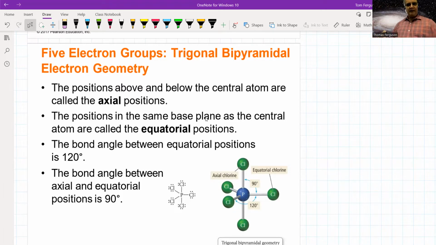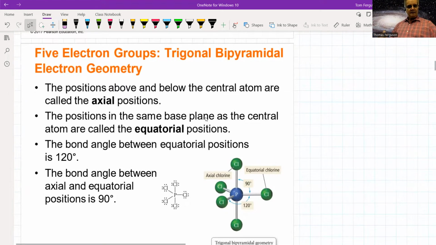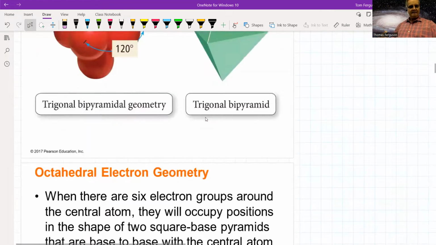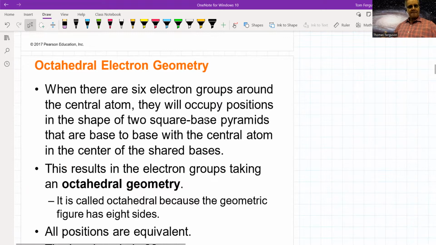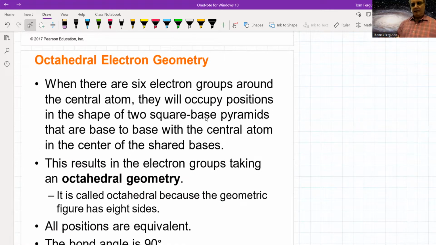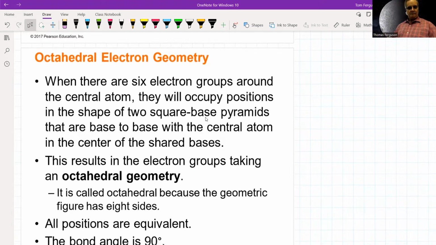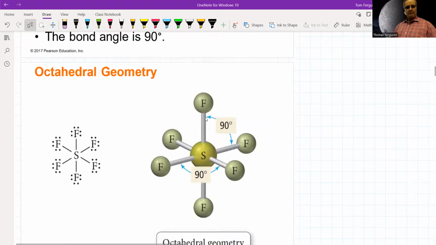Okay, and then when we talk about 6, we end up with an octahedral. And again, we have polar regions and equatorial regions. Now, this is a very common setup when you get into periods 4 through 7.